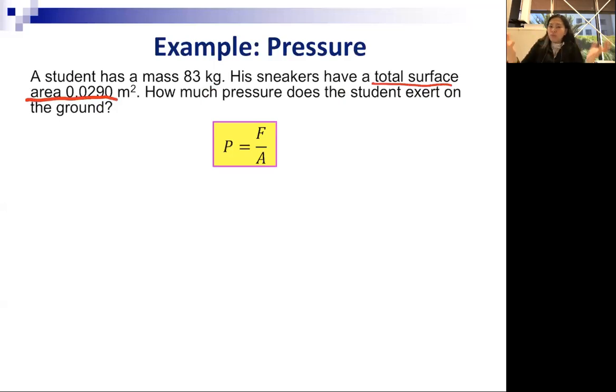What will be this force that you need to consider in calculating the pressure that the student exerts on the ground? Any idea about what that force should be?